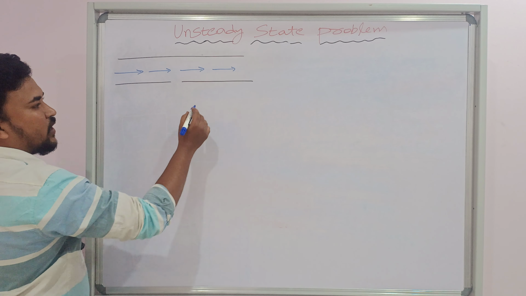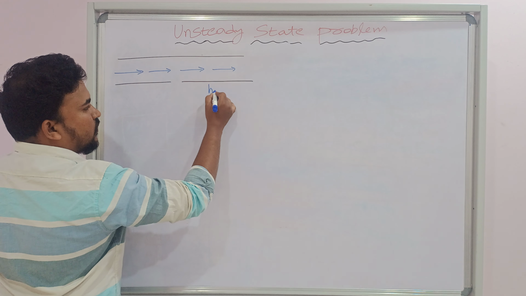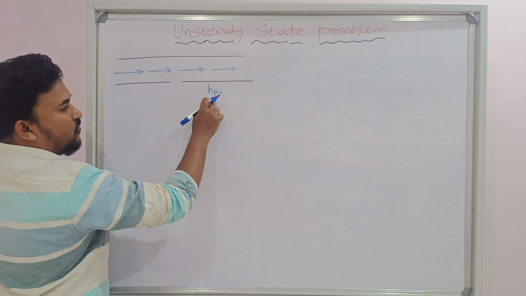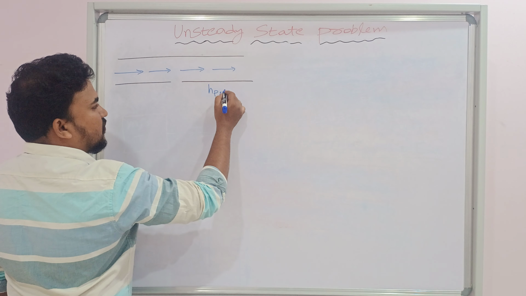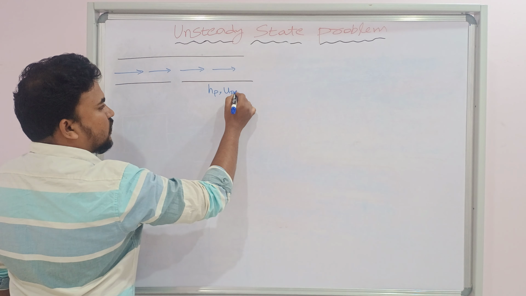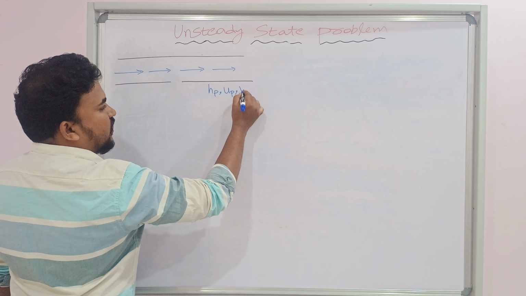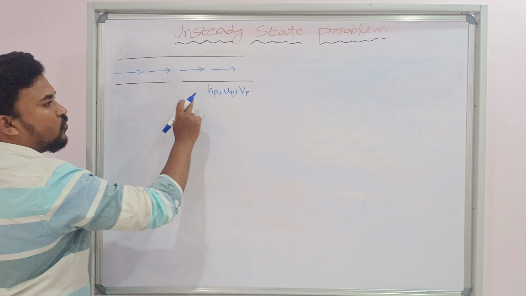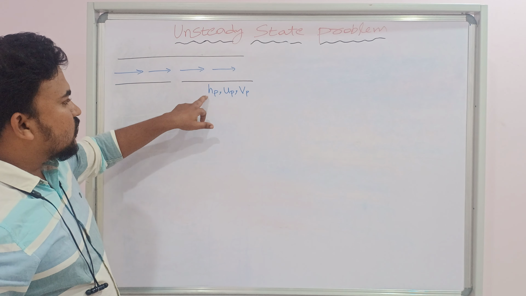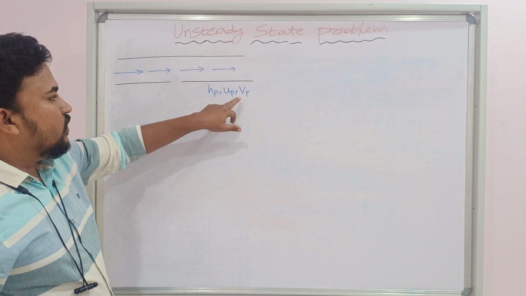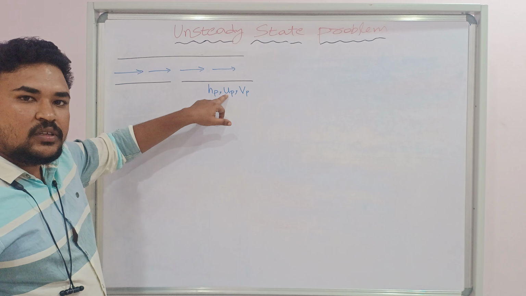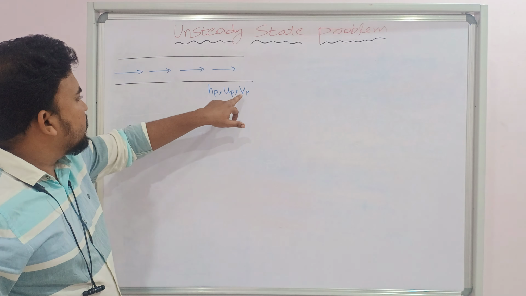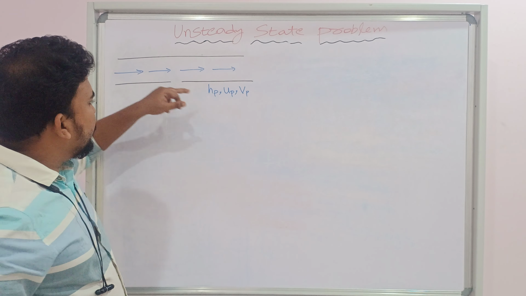Air is going with some parameters, some enthalpy is there, with the subscript p representing the pipe, and some internal energy will be there, and some velocity will be there. I hope you know what the small h, u, and v are.